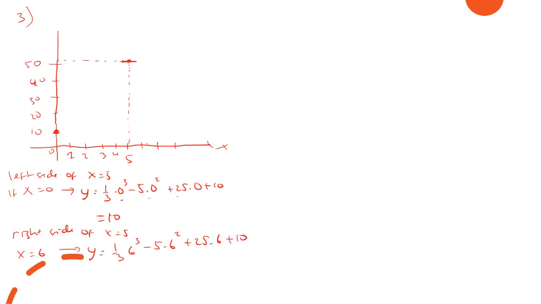Let me calculate that first. So this is 52. 52 is bigger than 51.67, so it goes up. So this inflection point goes more positive like this. This is how you check the inflection point.